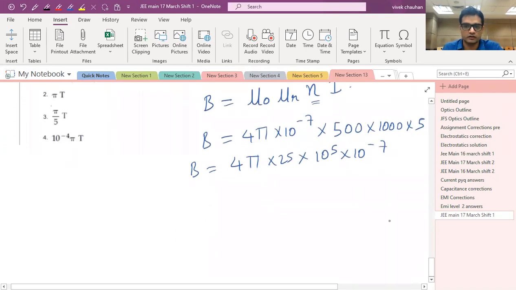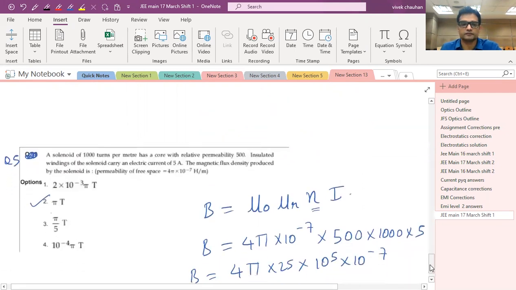So it is coming out to be pi Tesla. Here we can see that in options the unit is given as Tesla. So by that also we can understand that magnetic flux density is magnetic field only.